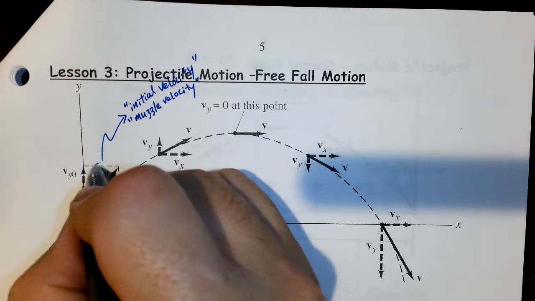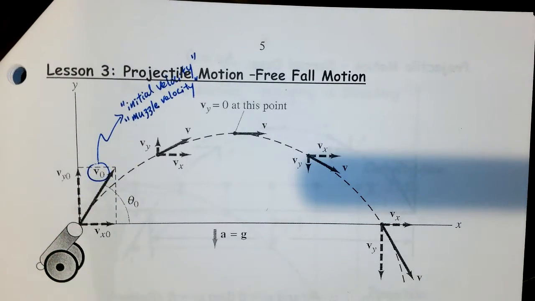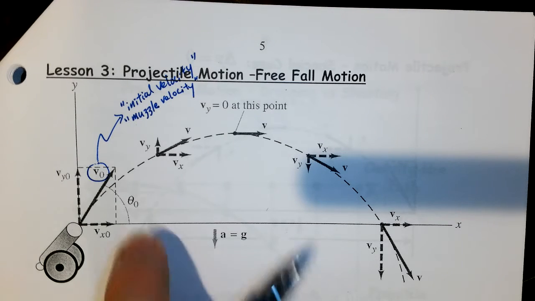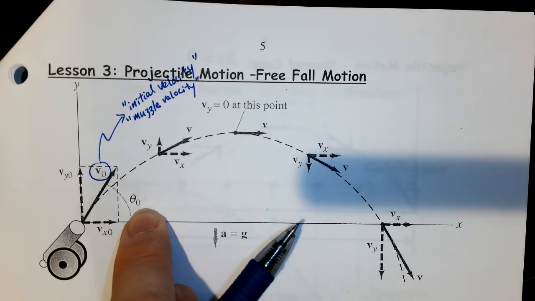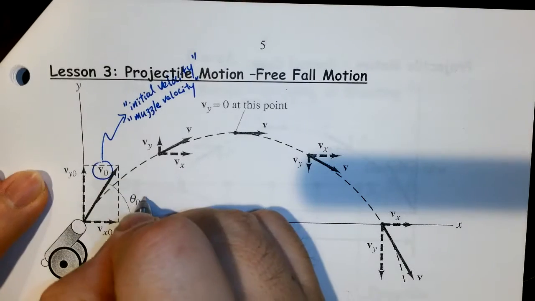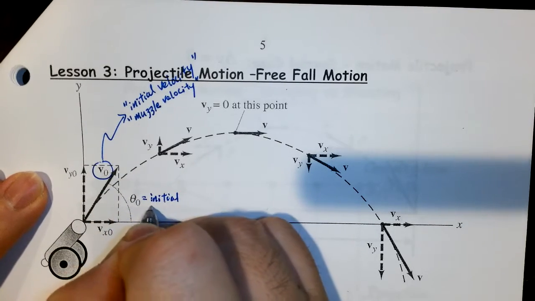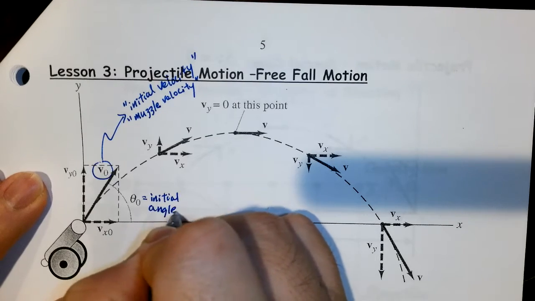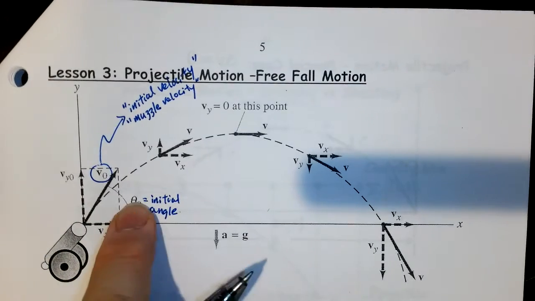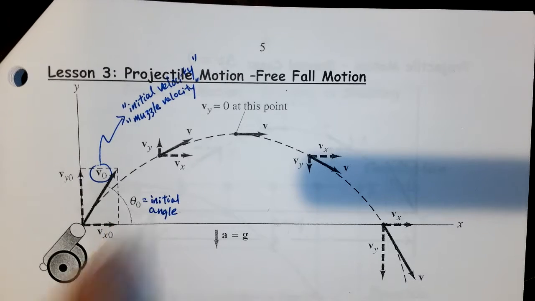That's what v naught is. And this is the initial angle. This is the initial angle. And that's pretty crucial, what angle you should fire this thing.